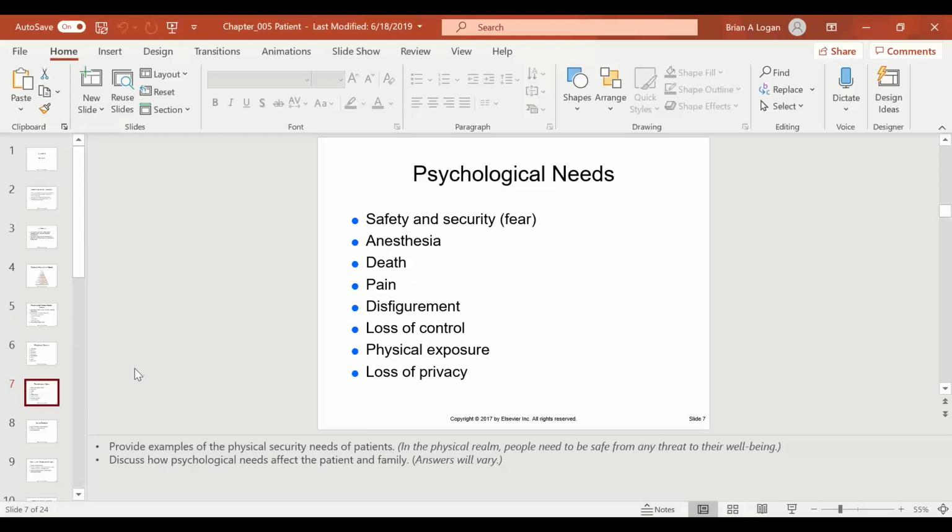Safety and security. Most of the patients who come into the operating room are going to be afraid. They're afraid of anesthesia, whether or not they're going to react to it. They're going to be nauseous, vomiting afterwards. Nobody likes that. I shouldn't say nobody. There may be people out there that like to throw up, but most people just don't like that feeling of throwing up, so there's a fear there.